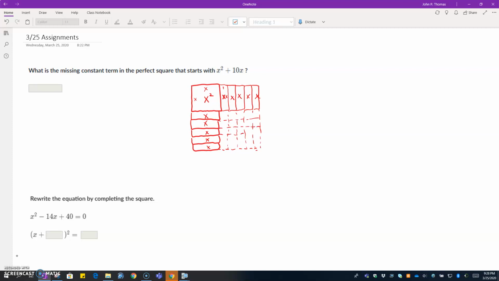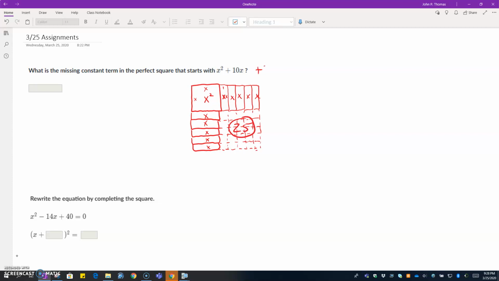Now, notice how we're cutting this into a whole lot of little squares. All right, that's the number of squares that I would have to fill in to complete the square and make this a perfect square. All right, so if I count this, it's 5 down and 5 across, so that's 25 individual squares in this section over here.